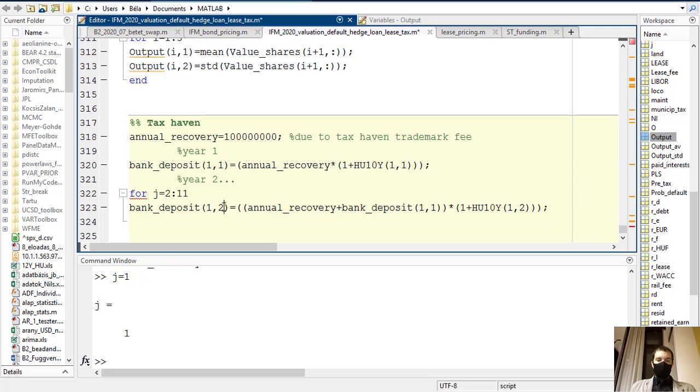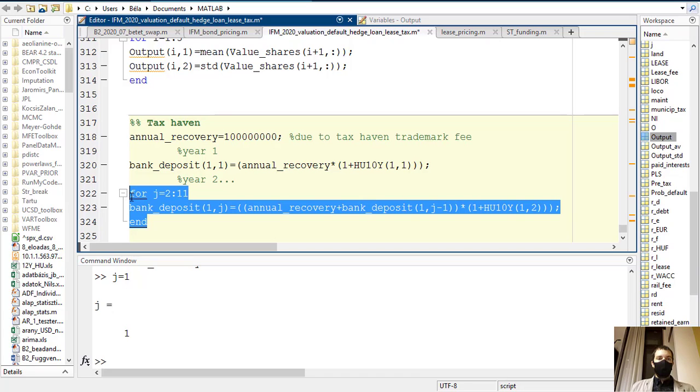And now the recovery bank deposit at J-1, so in the previous year, and just the actual value inside.